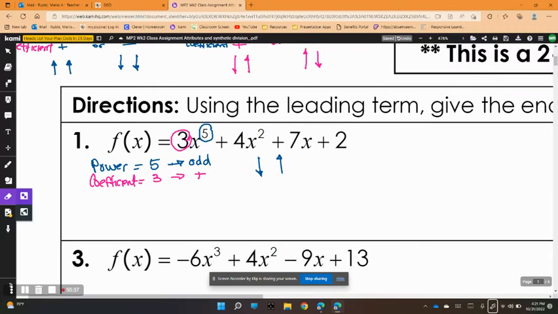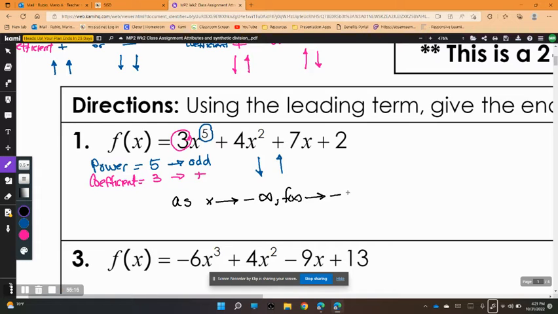But we can't just draw the arrows. We have to write it in a special way. The way we write the left side is: as x approaches negative infinity, the function will approach negative infinity.